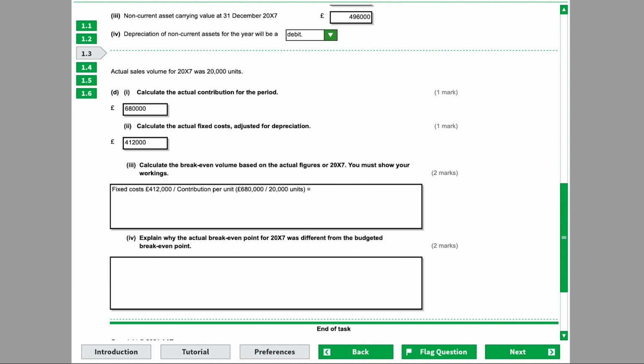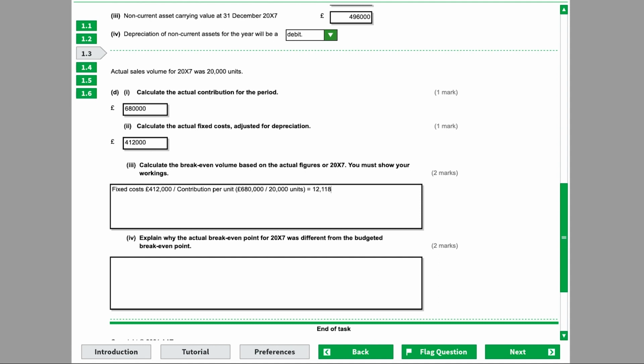So the actual contribution per unit was £34. So that's 680,000 divided by the 20,000 units. So we're effectively now taking the fixed costs of 412,000 divided by 34, which works out as 12,118 units.